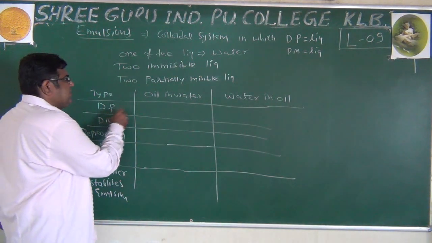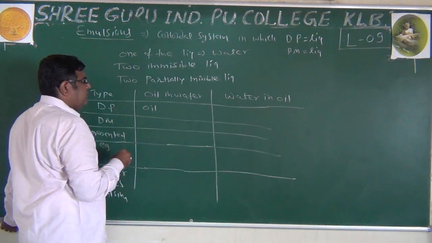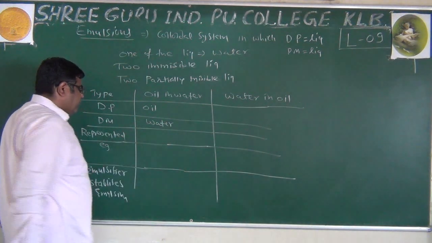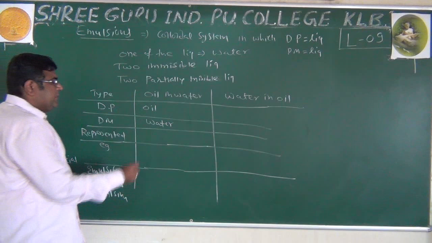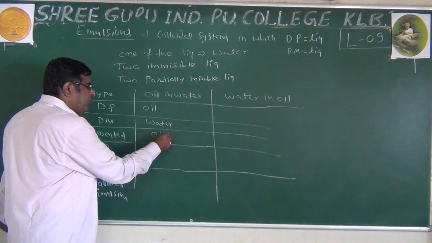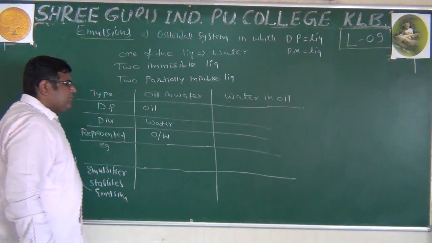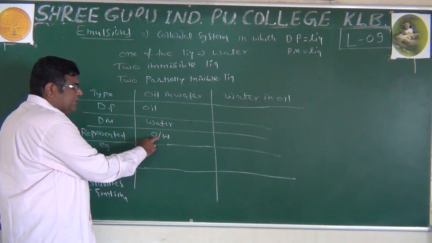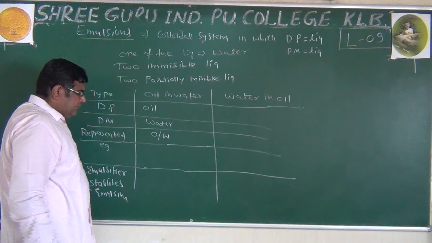Here the dispersed phase is oil, the dispersion medium is water. It is represented by O/W. It means oil particles dispersed in water.